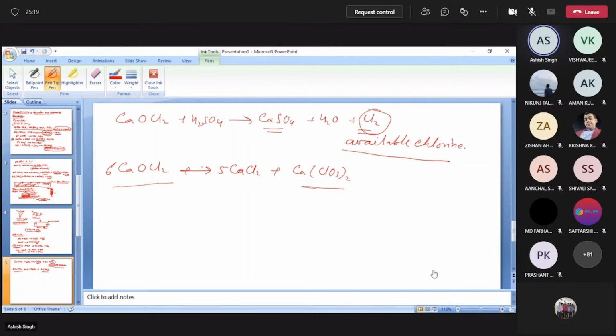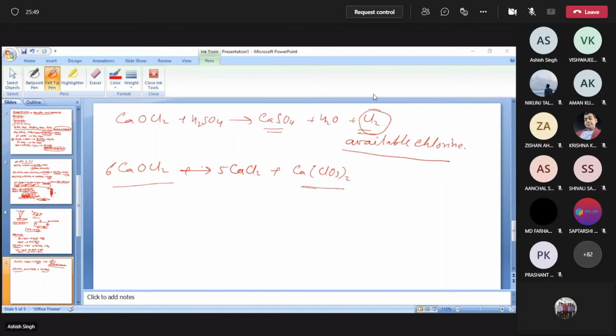Plain chlorination means only chlorine treatment is given to raw water, and after the treatment the water is supplied. This depends on how much the water is contaminated.